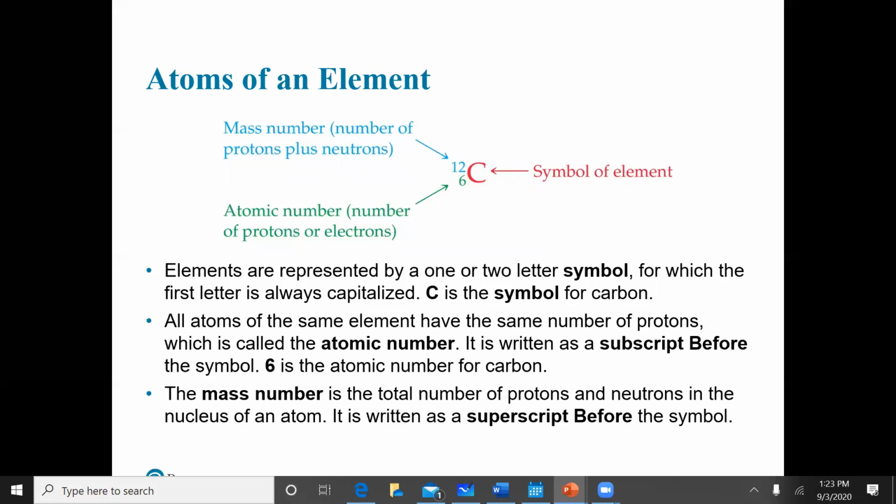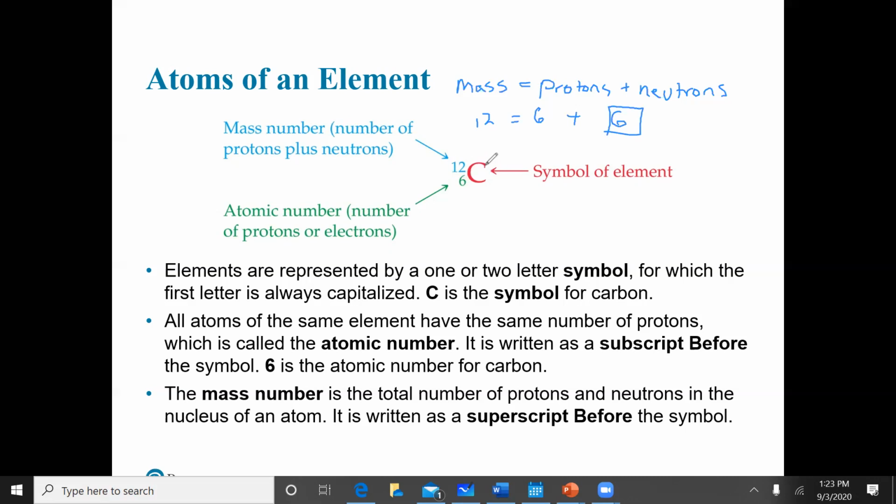So one equation, real basic equation, your mass is equal to your protons plus your neutrons. So in this case, my mass is 12. My number of protons is 6. So my number of neutrons must also be 6 for this given one.